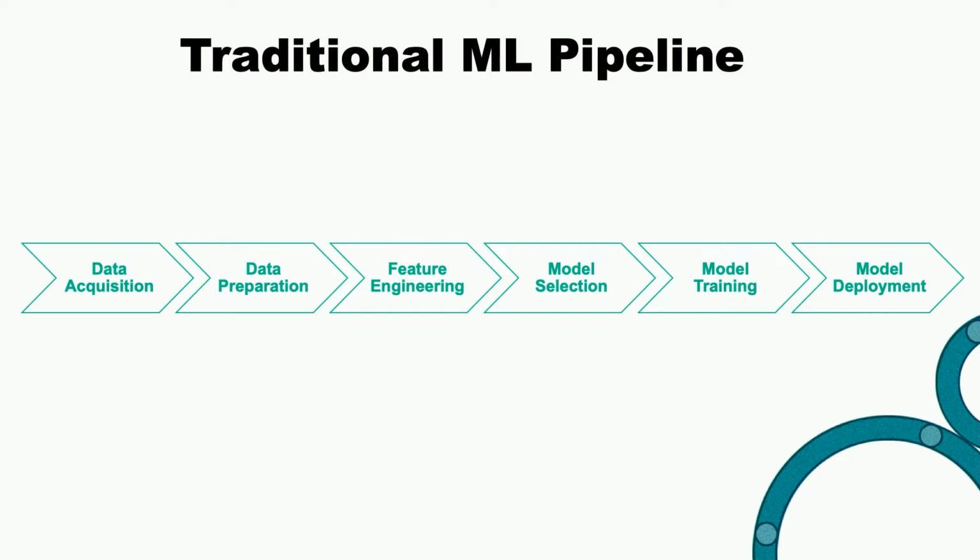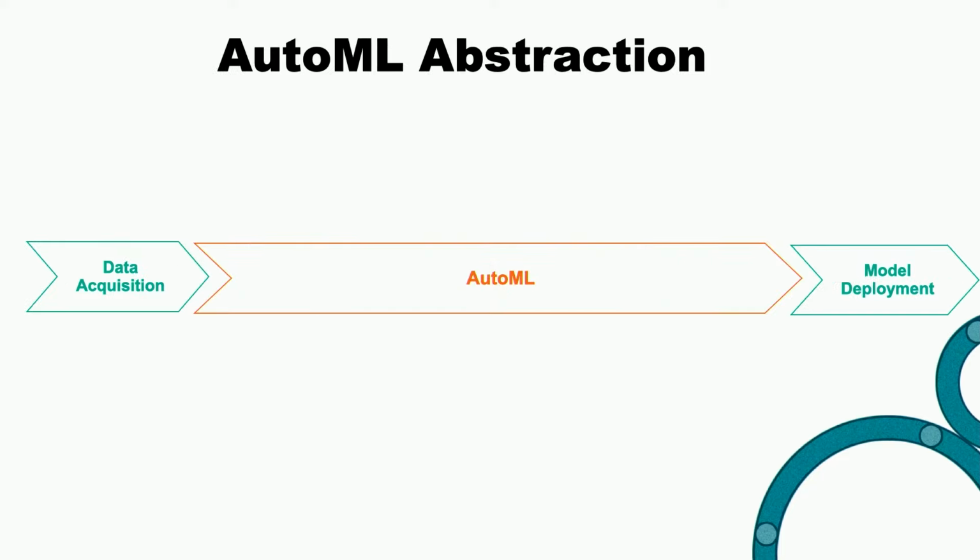What AutoML does here is it abstracts out a good part of this entire pipeline. So as a data owner, you'd be responsible for acquiring the data and then deploying the model. One caveat that I want to mention here is that the data preparation stage could always use some help of the data owner. And what I mean by that is, as the data owner, you have likely a lot more domain information.